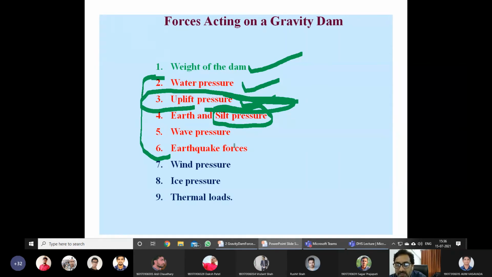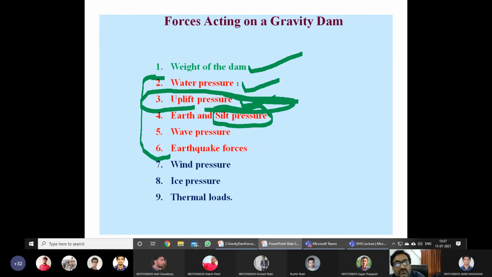All of these have earthquake force generating intensities, and since 2002 this has become a more and more severe consideration for the design of any structure, not only hydraulic structures, but also normal residential and commercial buildings and skyscrapers. We take very stringent precautions as per code provisions.